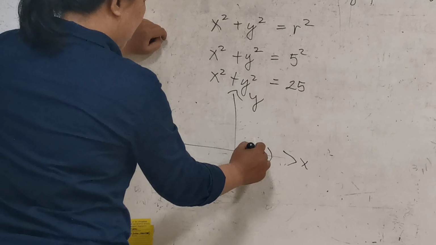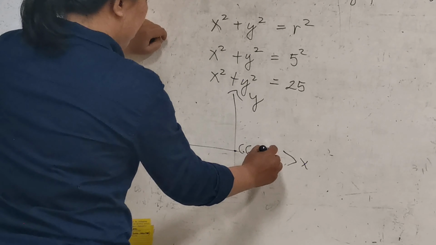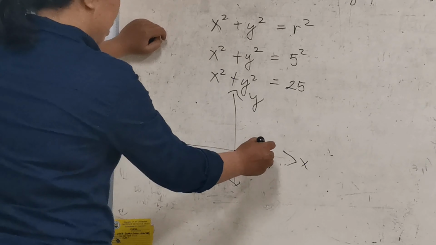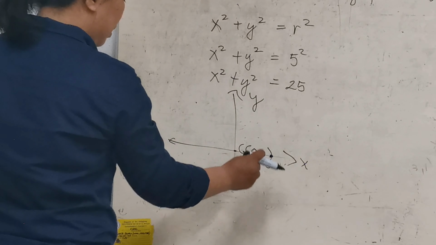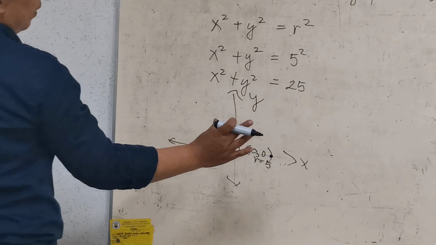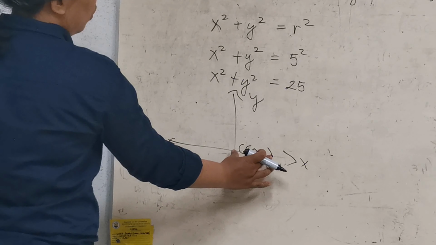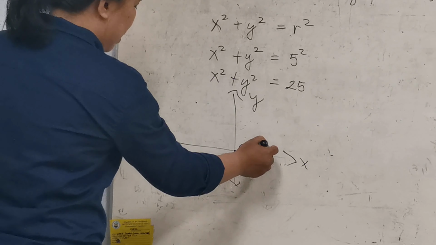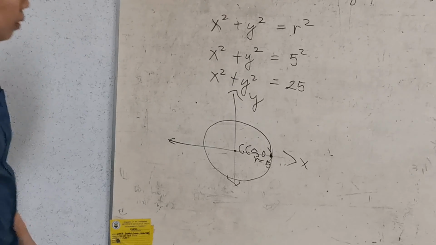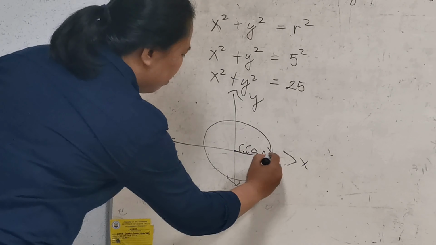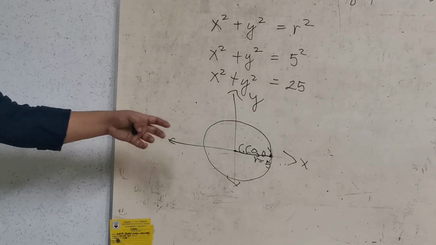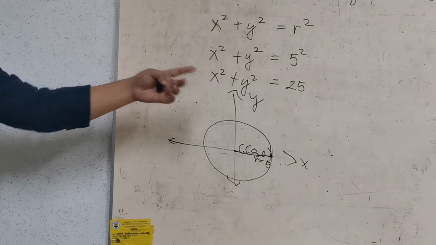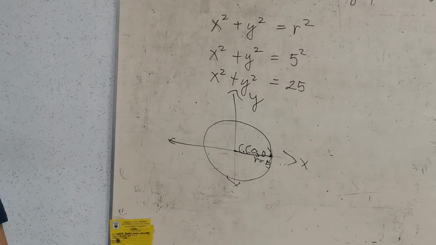So 1, 2, 3, 4, 5. This is the radius. Then, if you have your compass, place the opening of the compass on these 2 points and then make a circle. So this is the graph of the equation x squared plus y squared is equal to 25.